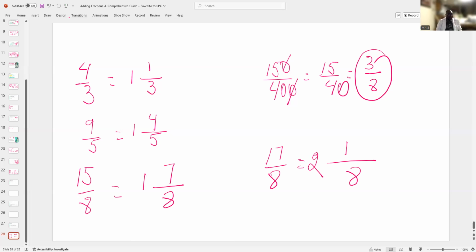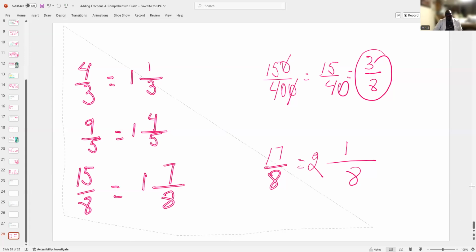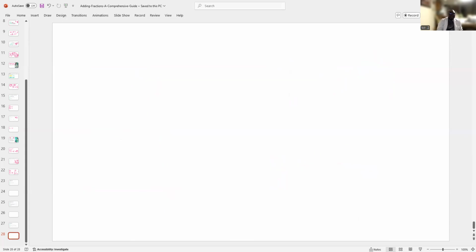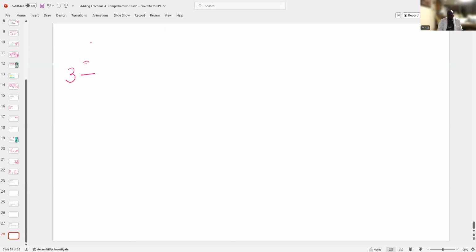All right. How can you now convert a mixed number back to an improper fraction? Let's look at, if I have 3, then I got 2/3.